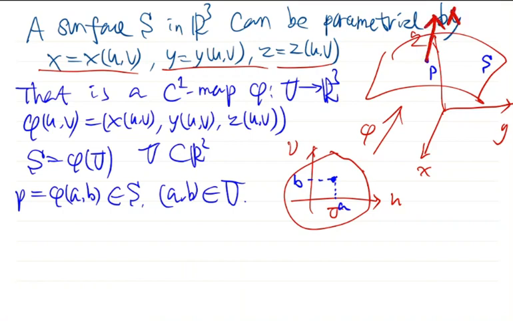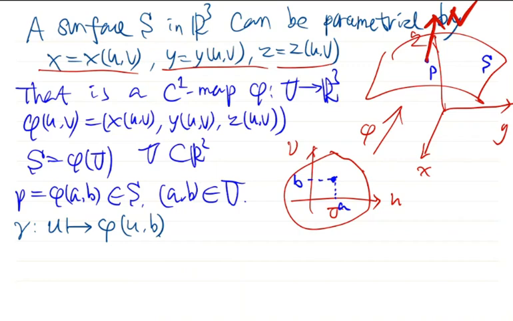How to find this normal vector n? This is the problem. To solve this problem, we consider a curve gamma, gamma(u) is phi(u,b).